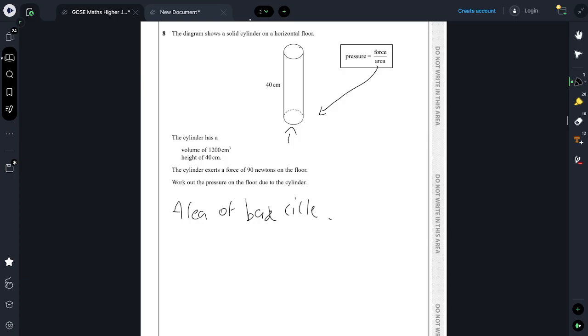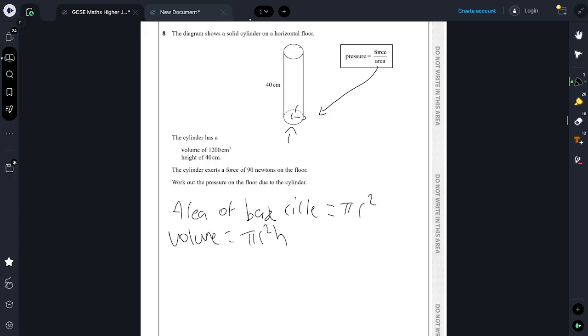So that's what this question is. Well, obviously we know the area of a circle is pi r squared, with r the radius. So now we just need to find the radius. We're given some information. Volume is 1200 and the height is 40. Well, you should know the volume of a cylinder, right? The volume of a cylinder is pi r squared h.